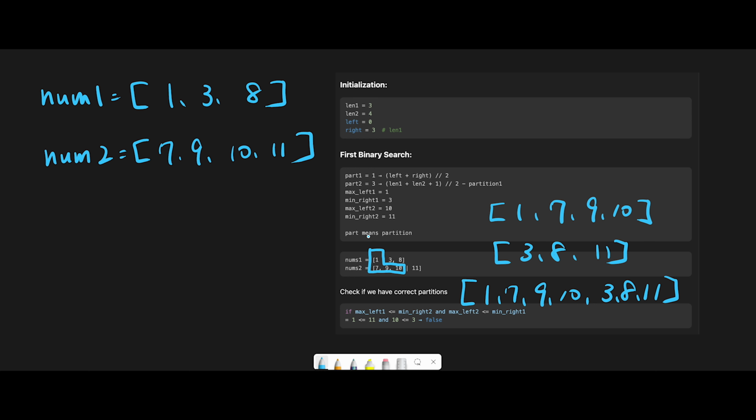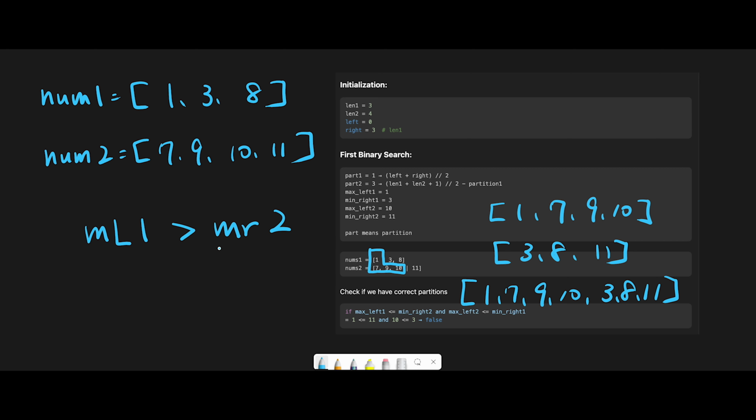That's why we compare across arrays: is max left 1 greater than minimum right 2?